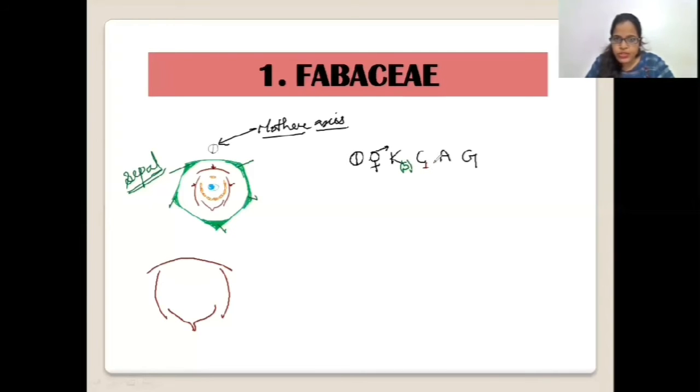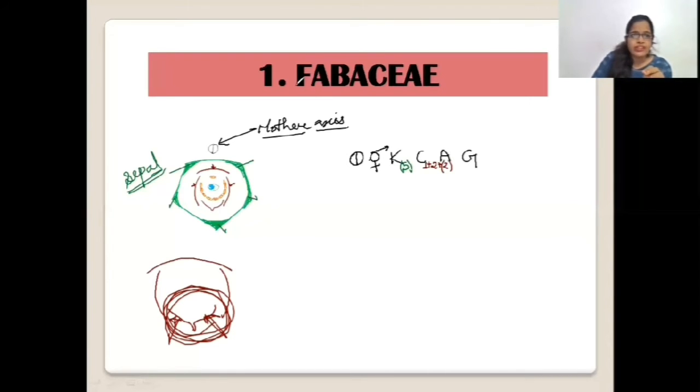Now you know that these two are not fused with each other, so I'm not using brackets. Bracket shows fusion. These are not fused, I'm not using brackets. But what about this keel or carina? The two petals, this is one petal and this is another petal. Both the petals are fused, so I'll write 2 in bracket, like this.